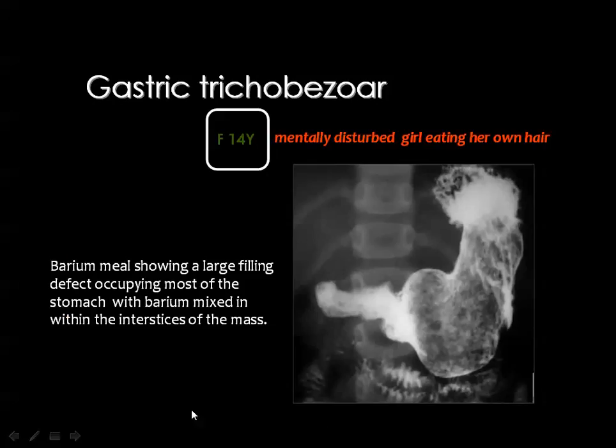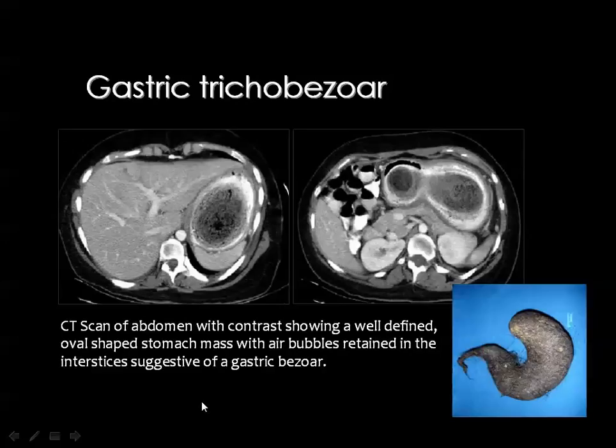And this is a 14-year-old female who is mentally disturbed, eating hair, and you can see that the stomach is distended with a large mass of foreign material, of course made of hair, inside the stomach.